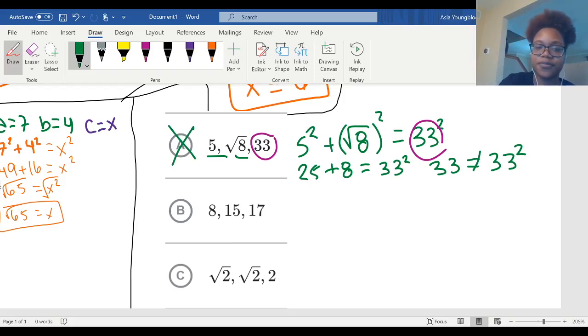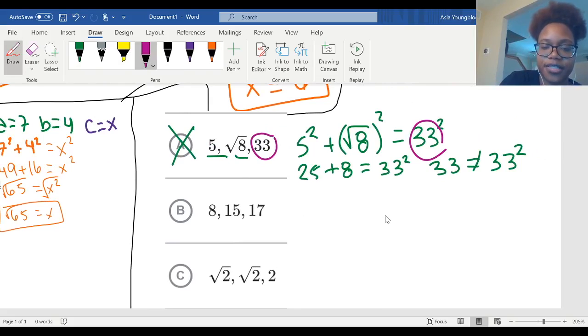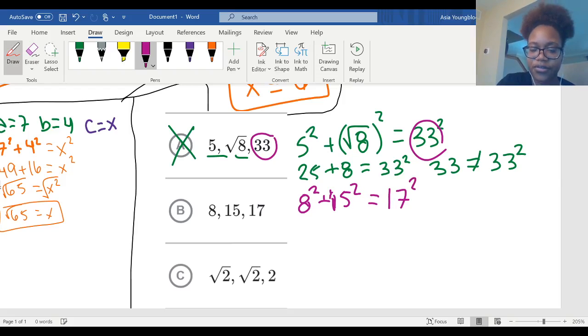Let's try it with the next one. 8, let me use a different color so we don't get confused. So now we're going to have 8 squared plus 15 squared equals 17 squared.